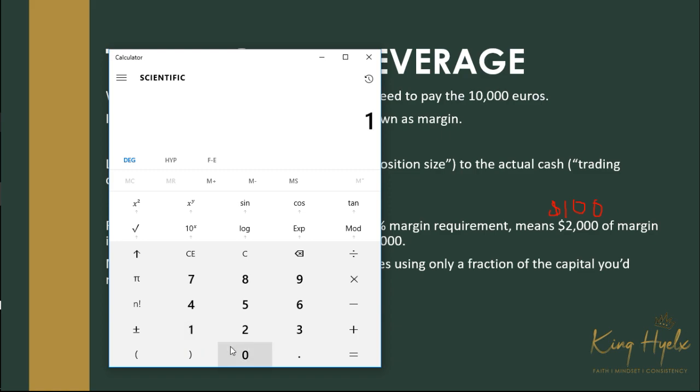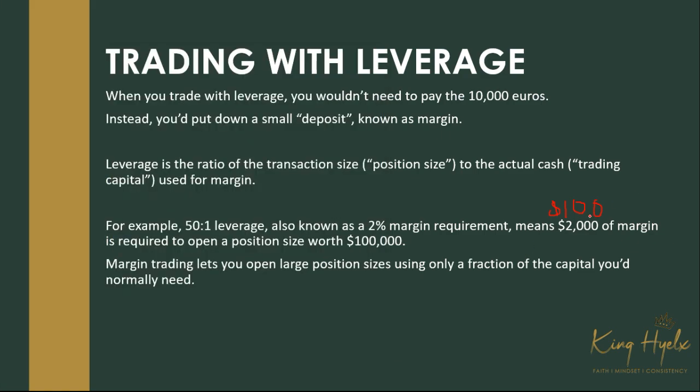Like we said, $5,000, which means now you can open a $5,000 position with just $100, with a leverage of 50-to-1. Now keep in mind that 50-to-1 is not the only leverage. You can have 100-to-1, which means with even less capital you can open a bigger position. We have, what was it, 500-to-1, right?